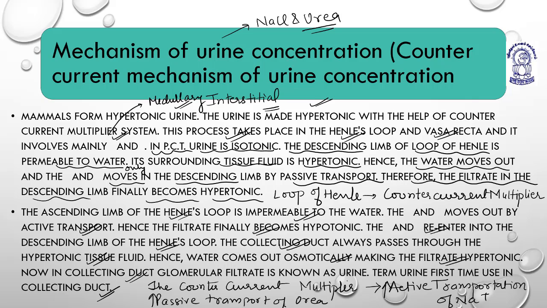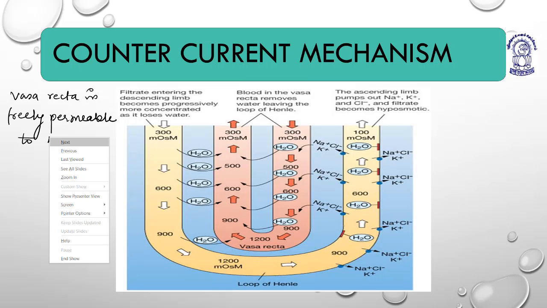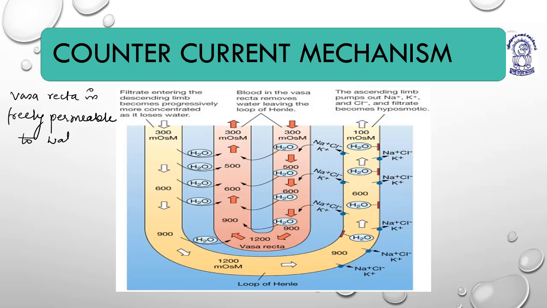Vasa recta is freely permeable to water, NaCl and urea.